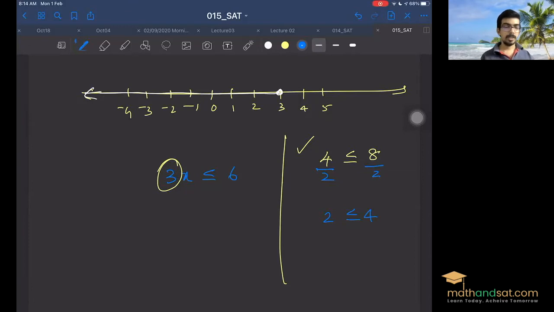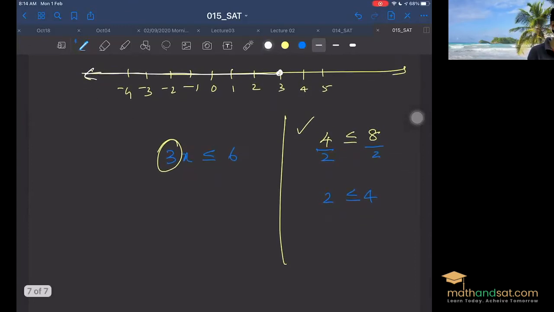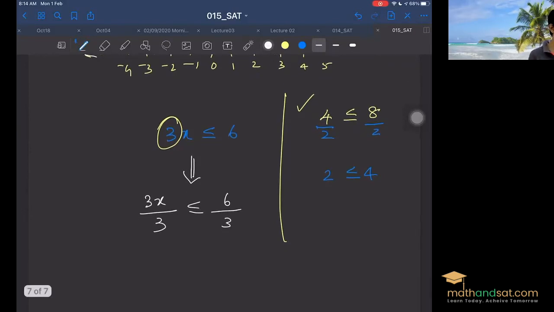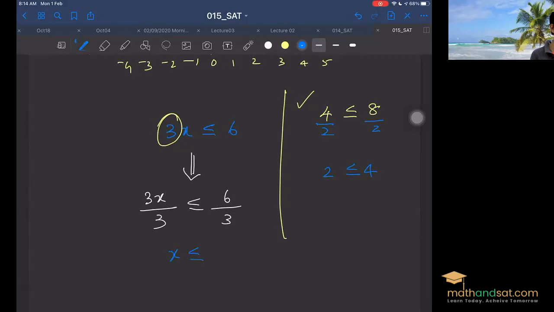So here the solution will be, you divide the entire expression by 3 on both sides. Now your solution will be x less than or equal to 2. This is clear? Just like adding or subtracting on both sides, you can do a division on both sides. Got it?